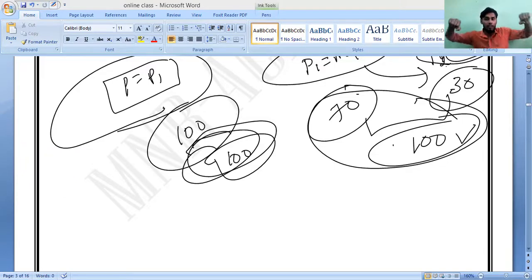But because of collision, some vehicle's speed may decrease and some vehicle's speed may increase. But if you calculate the overall momentum, the total momentum before collision and the total momentum after collision are equal. That is what we can say, conservation of momentum.